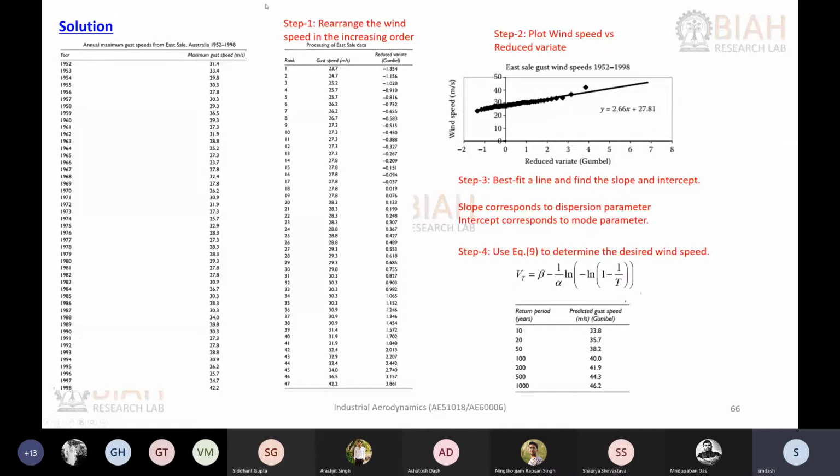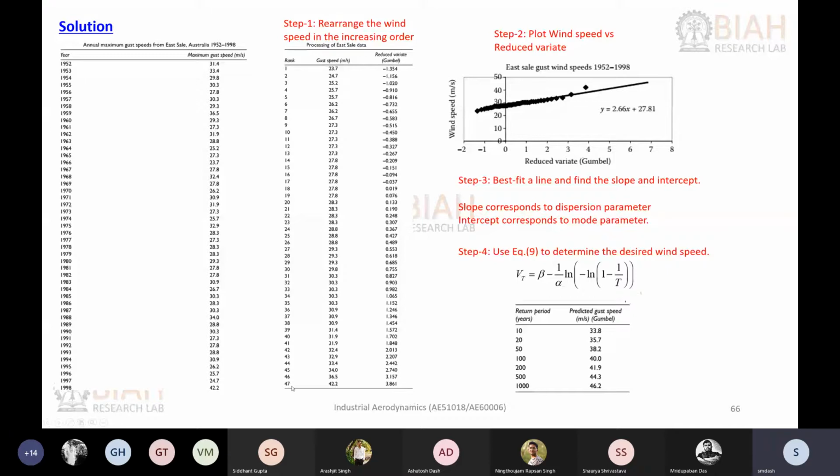So first, step one: you need to rearrange the observed wind speed in an increasing manner. Starting from 23.7, which you can see corresponds to this particular year, 1967. Then in the same way you arrange the rest.